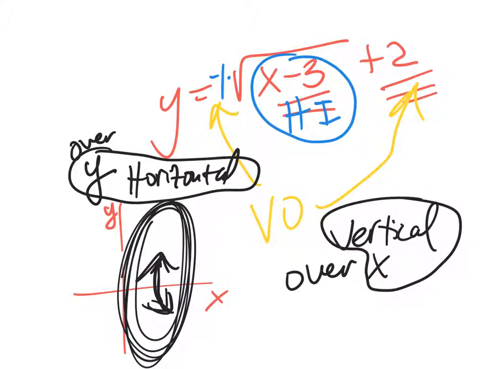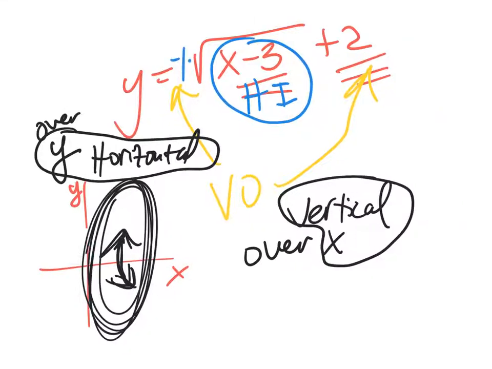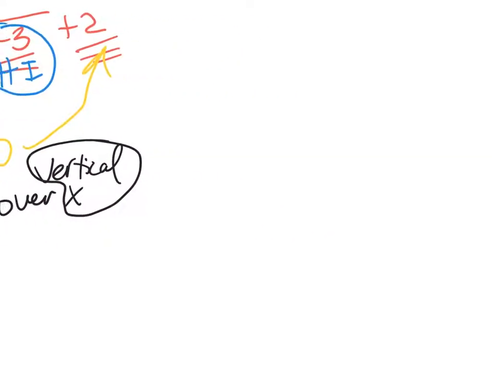Vertical goes over the x, horizontal goes over the y. So horizontal and vertical. Some kid will be remembering it backwards tomorrow. Okay, you remember it however you want, but you need to know horizontal and vertical and x and y, and you got to keep them straight.